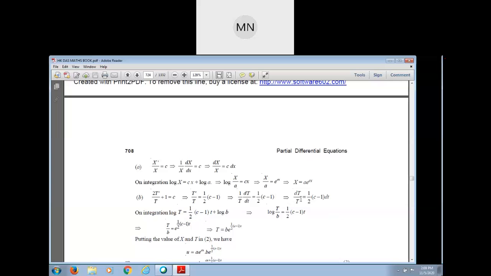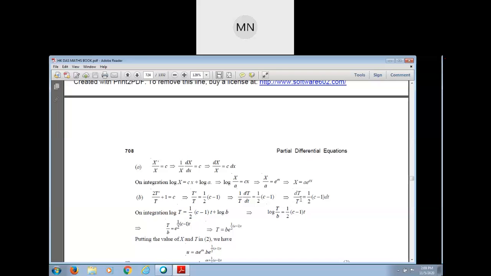Yes, ma'am. Then integration of dT by T is what? Integration of dT by T is what? Log T. Yeah, ma'am, T only T. Log t.